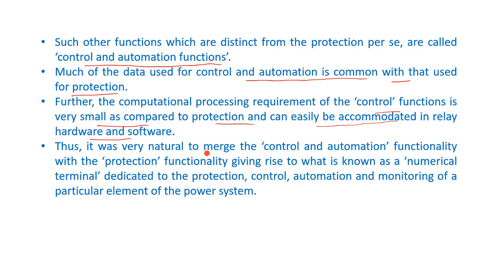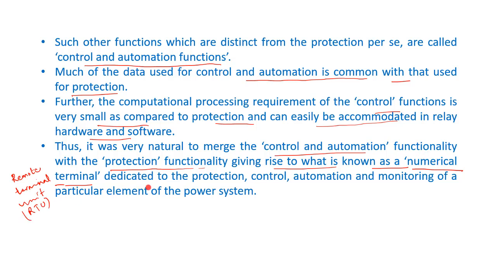Thus, it was very natural to merge the control and automation functionality with the protection functionality, giving rise to what is known as the numerical terminal, sometimes also known as the remote terminal unit, or in short RTU.